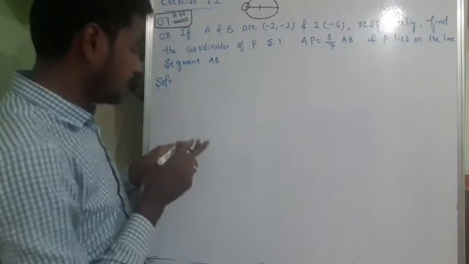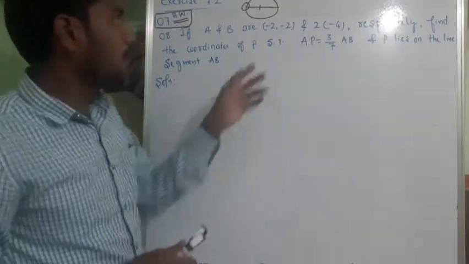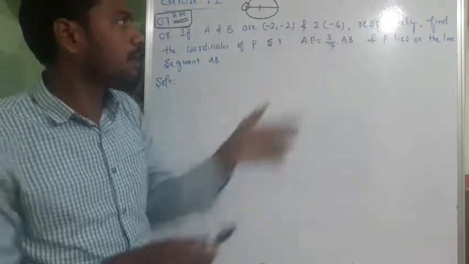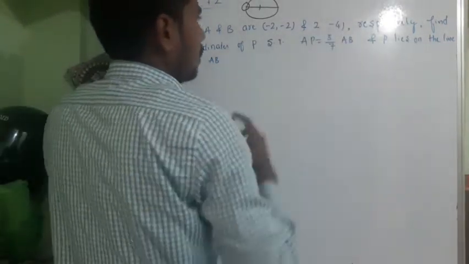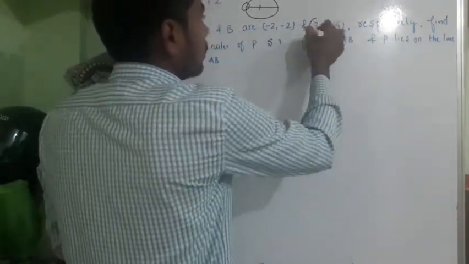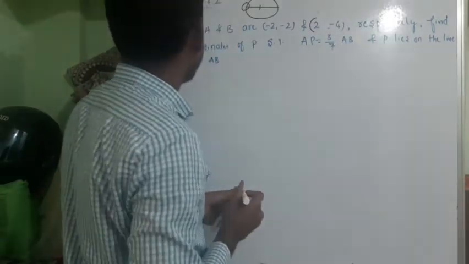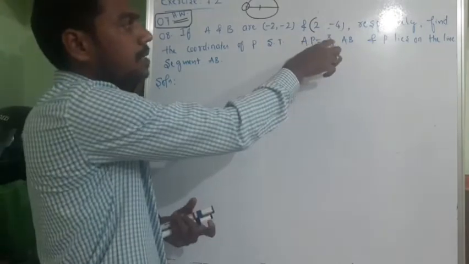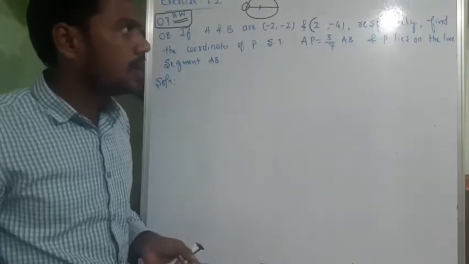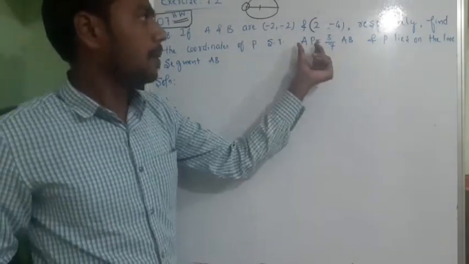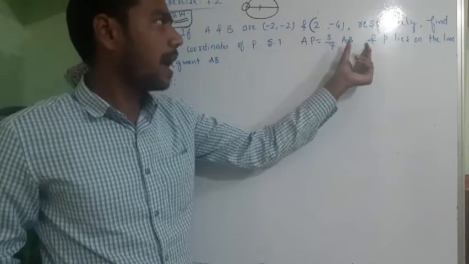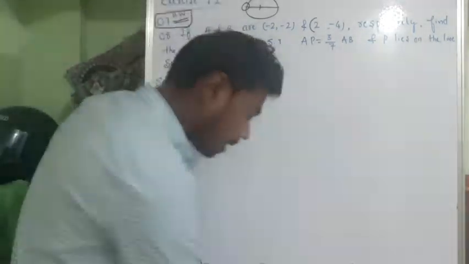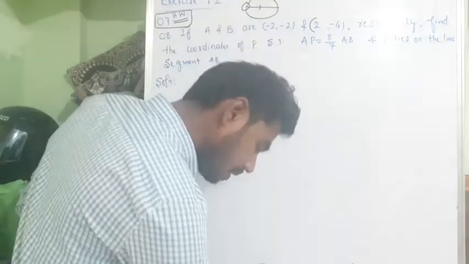So next, the eighth one: if A and B are (minus 2, minus 2) and (2, minus 4) respectively, find the coordinates of P such that AP is equal to 3/7 times AB and P lies on the line segment AB. Let me cross verify the coordinates.